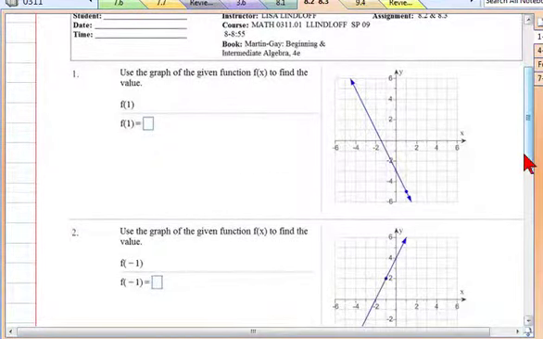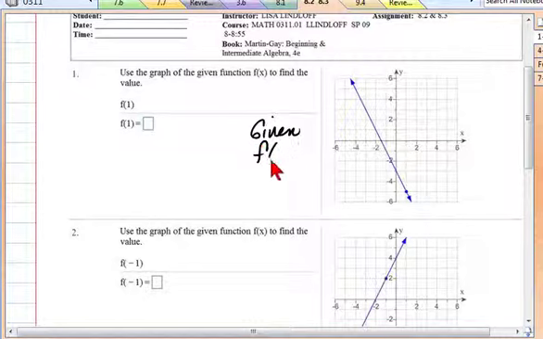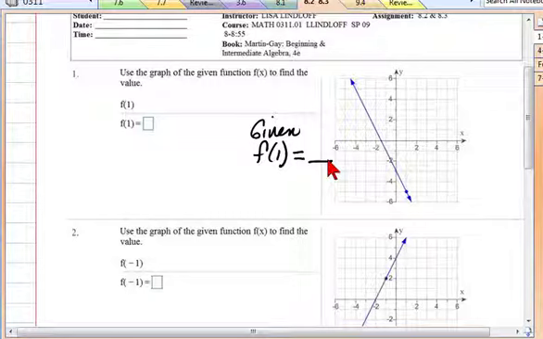The first question says, and I will enlarge this for those of you in the room, use the graph of the given function f of x to find the value f of 1. Okay, you are given f of 1, you're given the 1, and you're asked to find out what it's equal to.